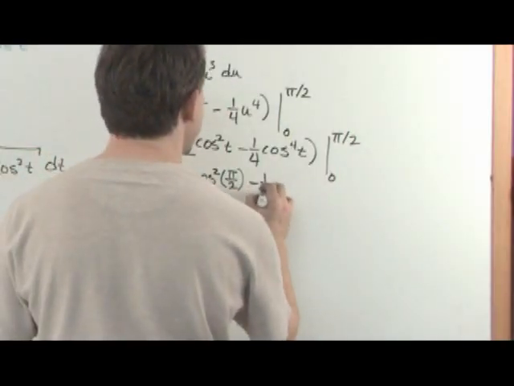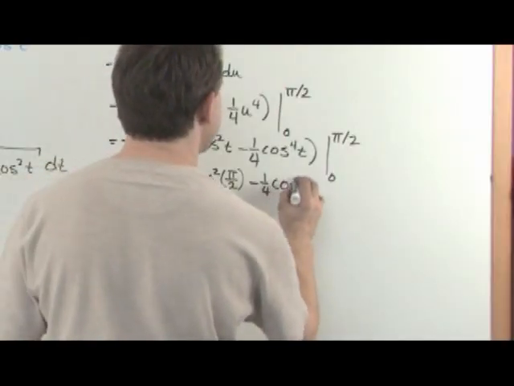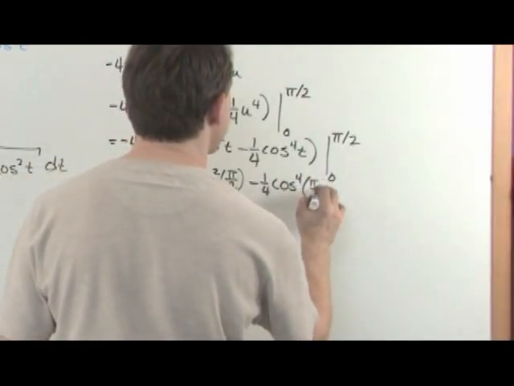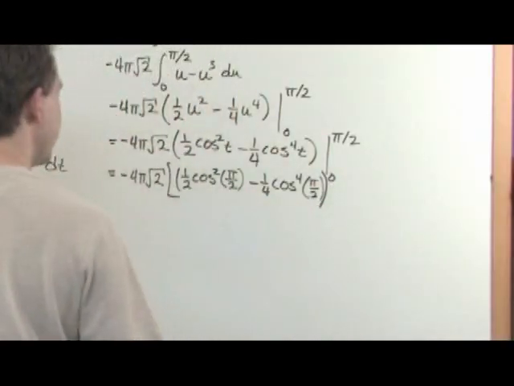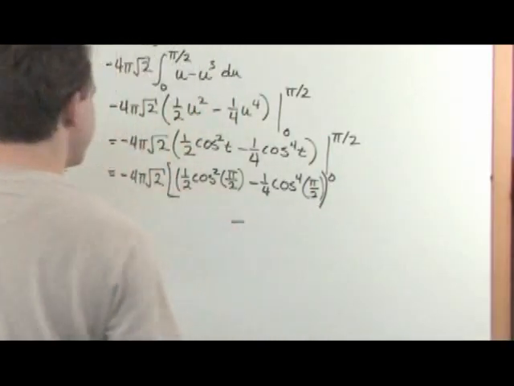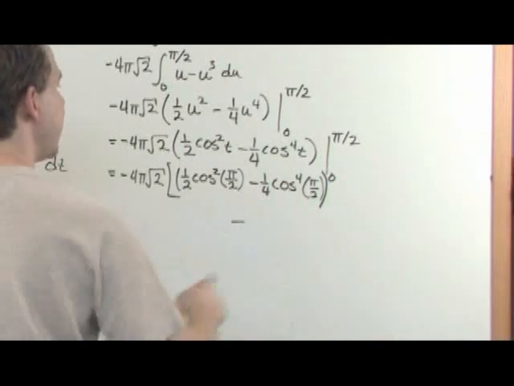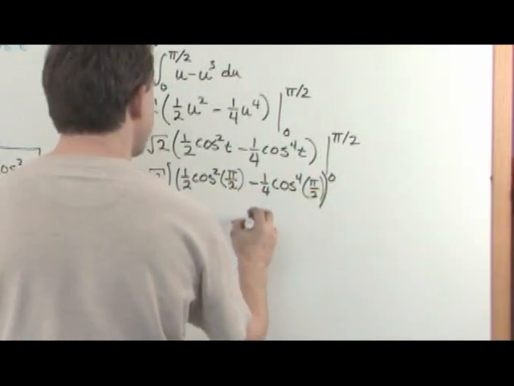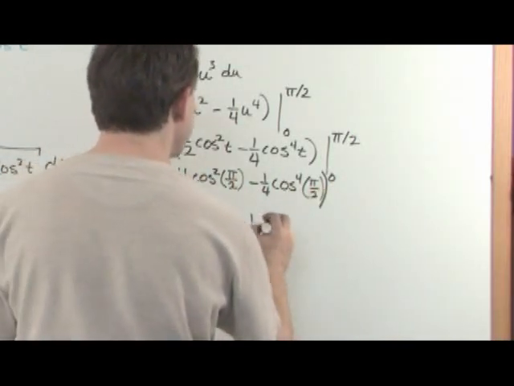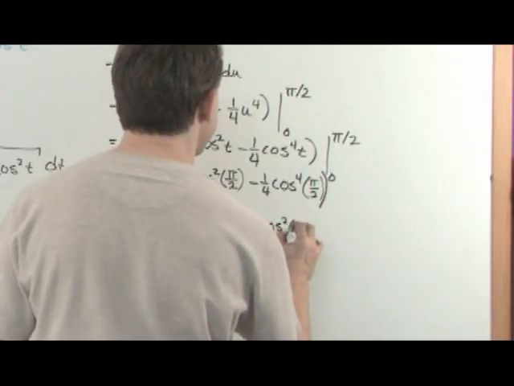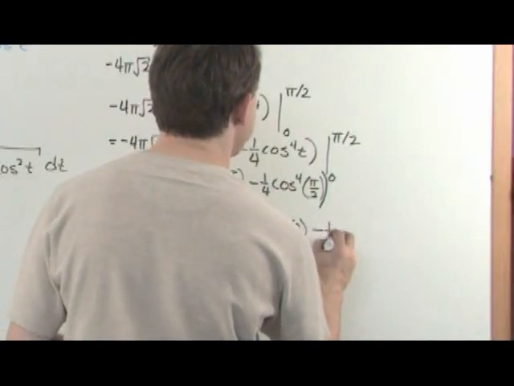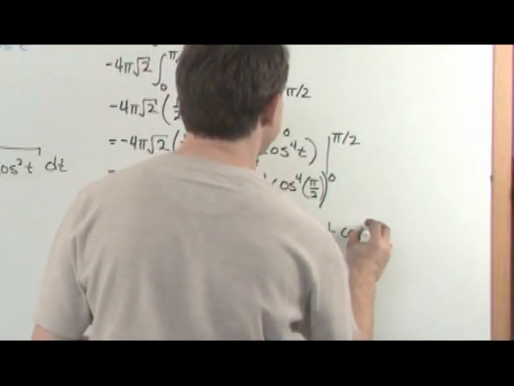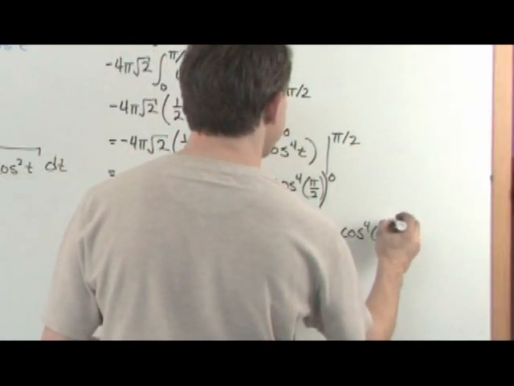That is the first major term, and I'm going to subtract off evaluating at 0. So it's going to be 1/2 times cosine squared of 0, minus 1/4 times cosine to the fourth power of 0, and finally that's it.